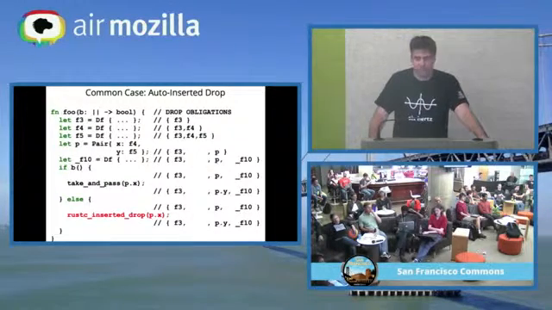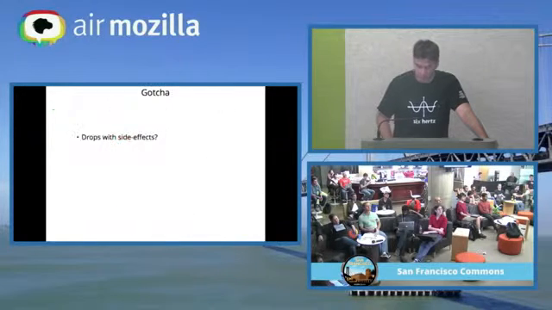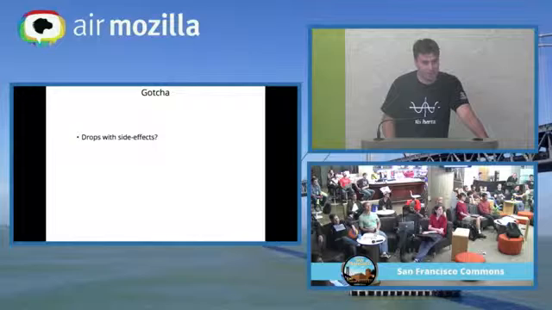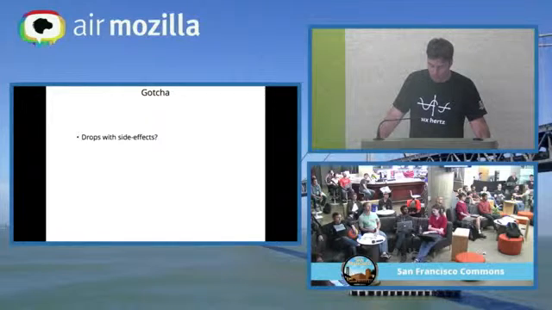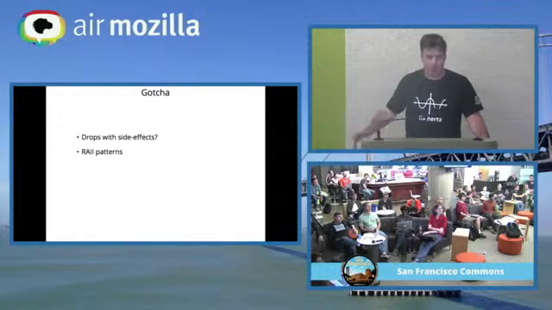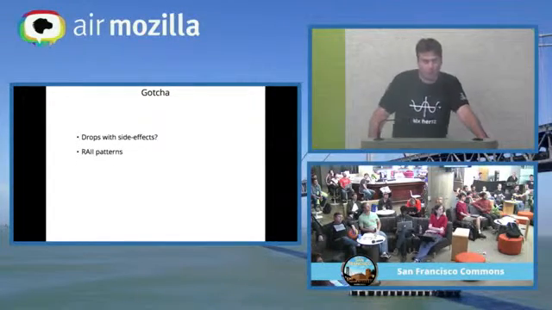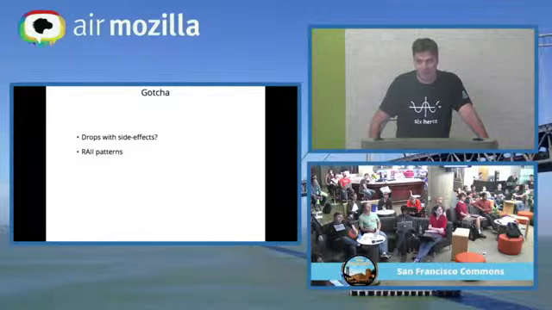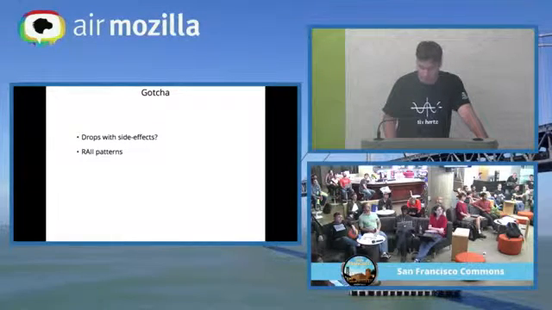So, are there any obvious problems with this? Well, yes. What about drops that have side effects? It's kind of sketchy to be reordering code when it might have side effects. In particular, one of the things about Rust is that we like to advertise that we support RAII patterns, resource acquisition is initialization, from C++.